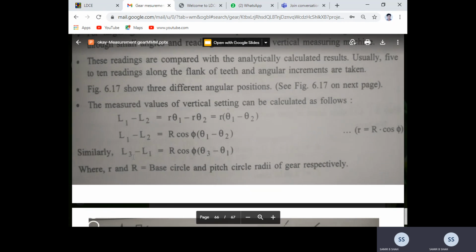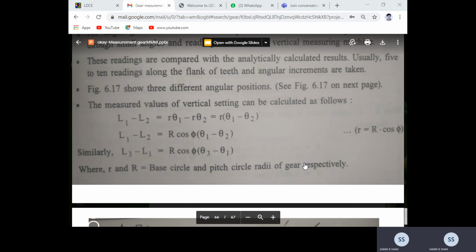Some examples are also asked in your curriculum regarding the base tangent length, the constant chord length, and the depth of the gear tooth. If you know the equations, it is very easy to solve the examples.